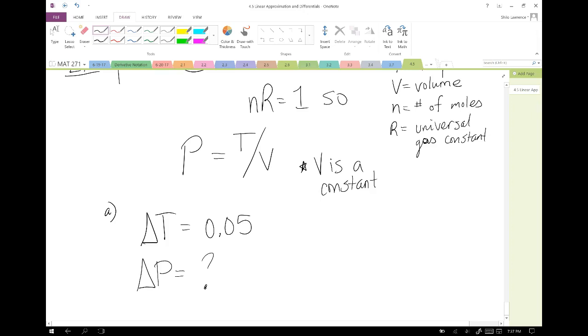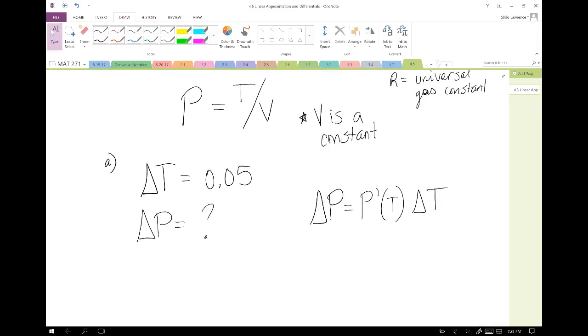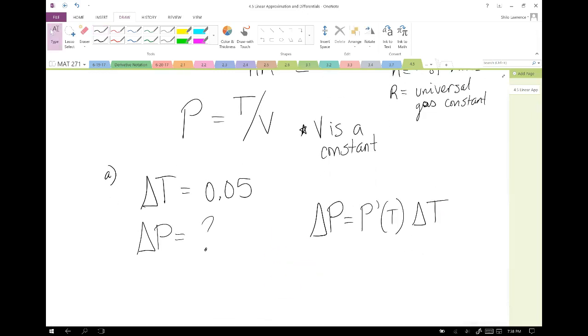Well, we have a formula, and it was the second formula we went over that says delta P equals P prime of T times delta T. So what we need is our derivative times delta T.